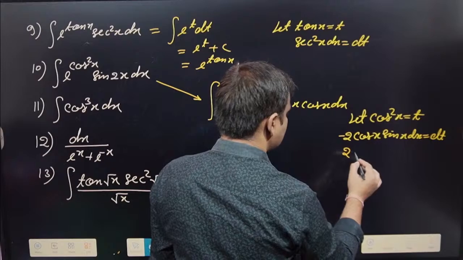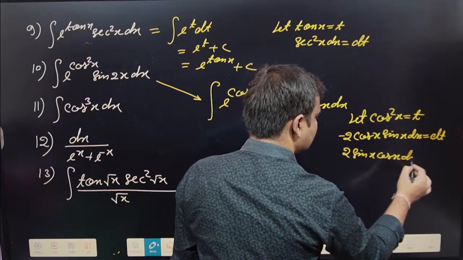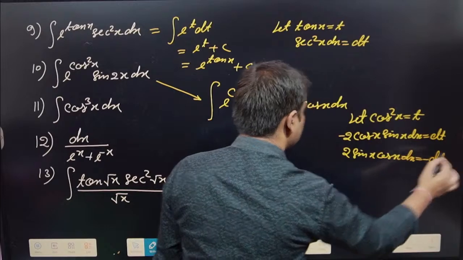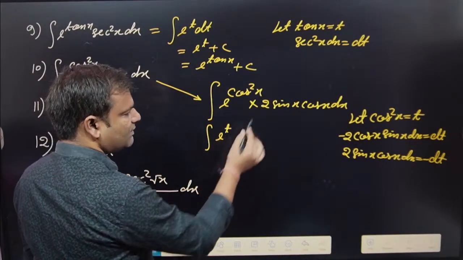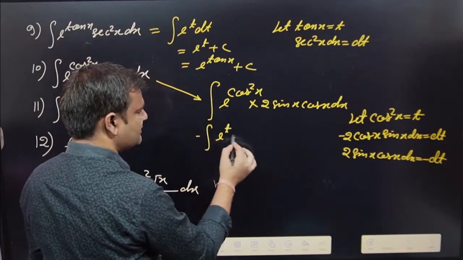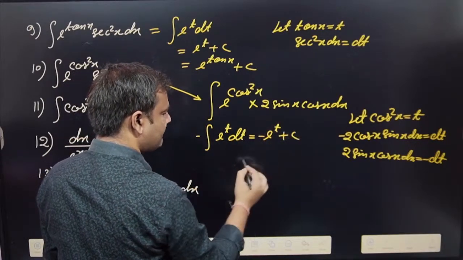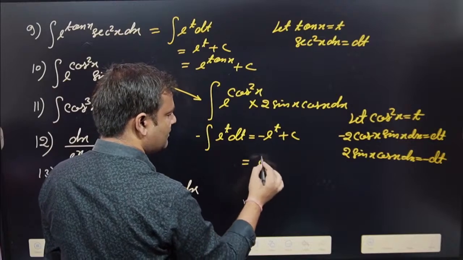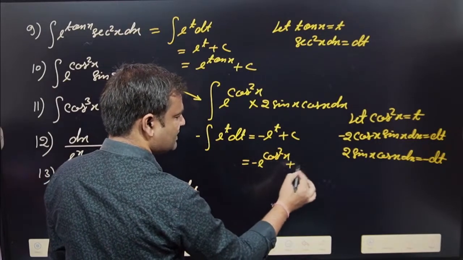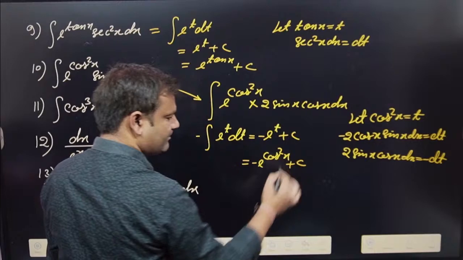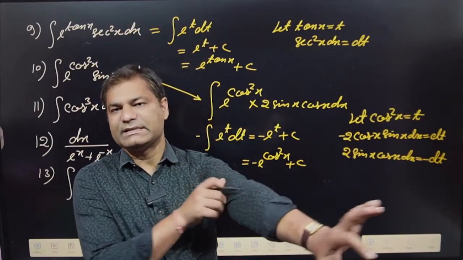So you can say that 2 sin x into cos x into dx is replaced by minus dt. So that is replaced to e to power t and minus dt. So minus e to power t plus c, and here e to power t is basically e to power cos square x plus c. This is the final answer. Minus e to power cos square x plus c is the right answer.